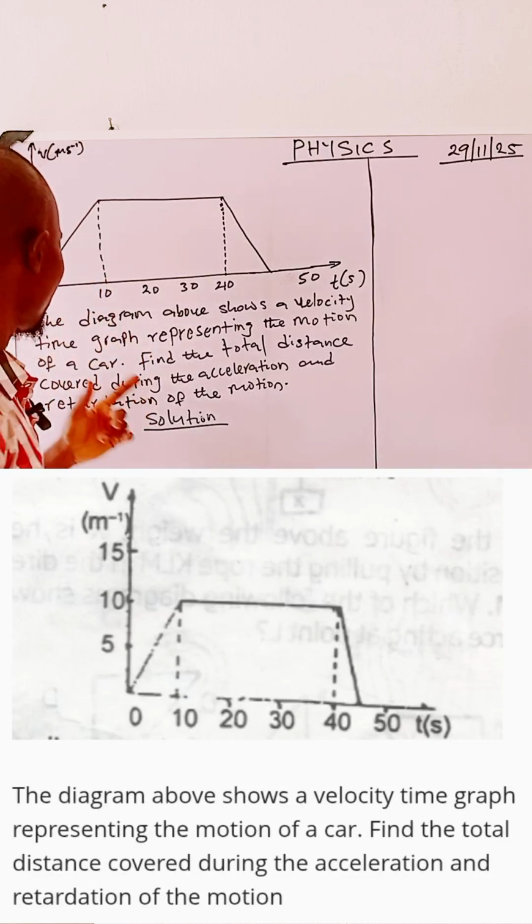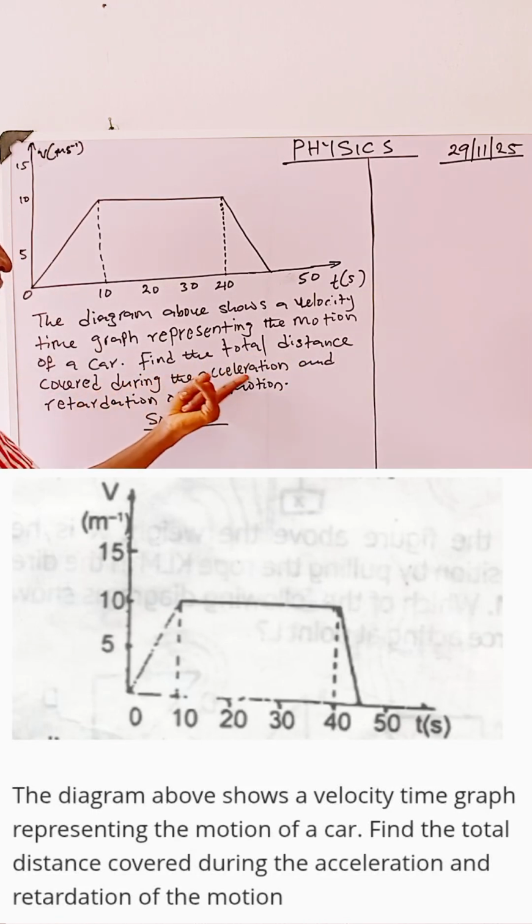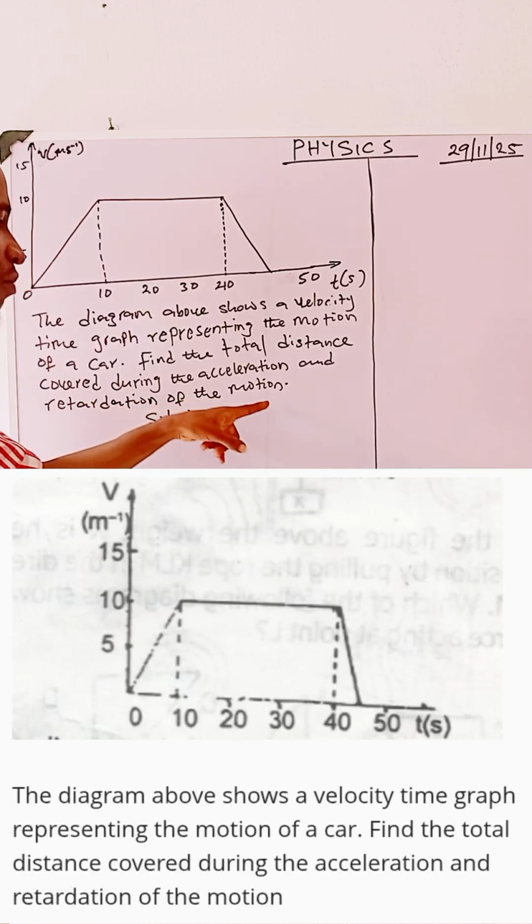And the question is, the diagram above shows a velocity time graph representing the motion of a car. Find the total distance covered during the acceleration and retardation of the motion.